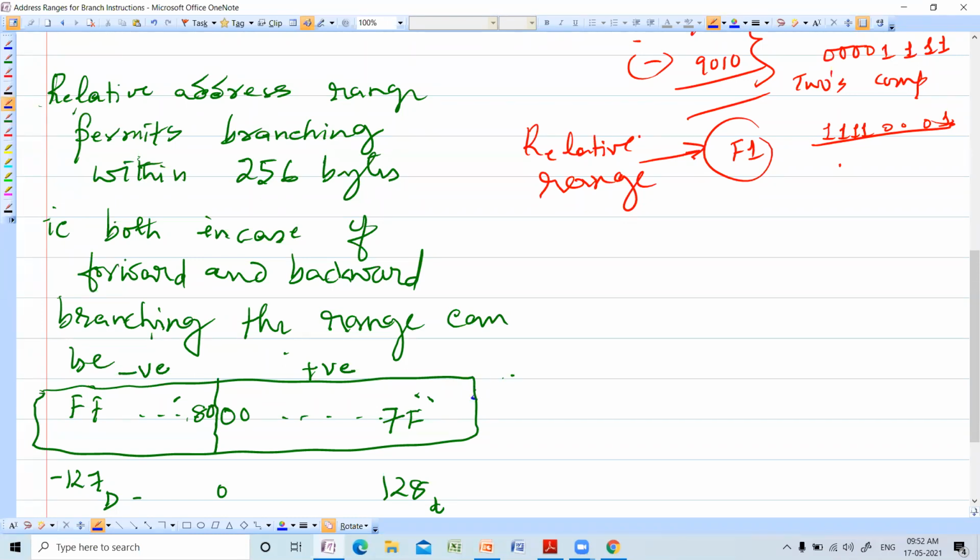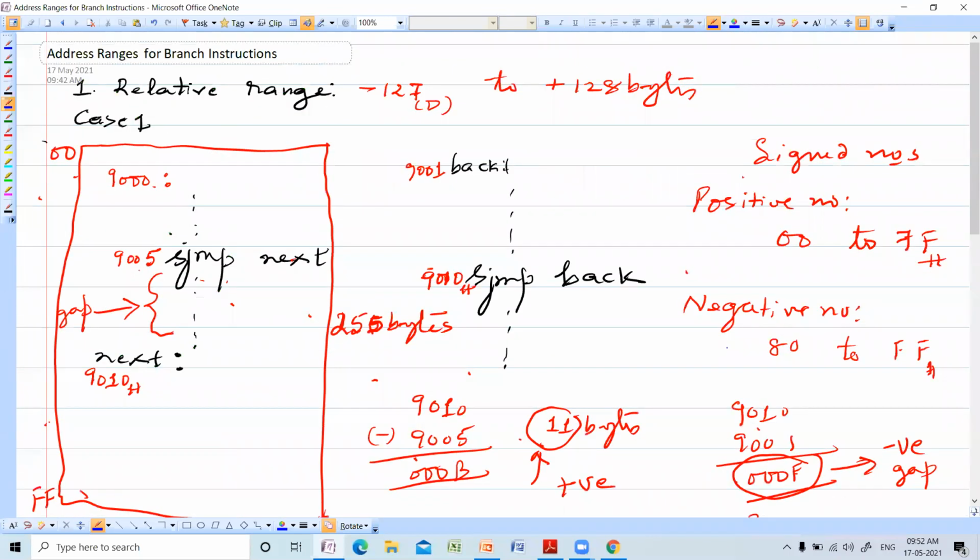So 00 to 7F is used for forward branching, that is what I have given in my case 1. This is backward, this is case 2.